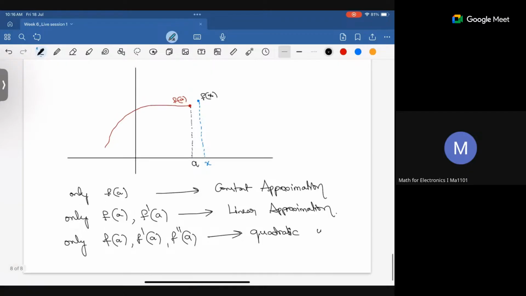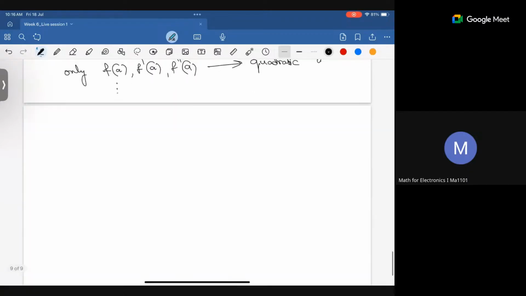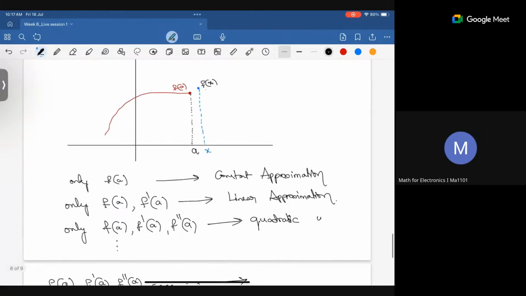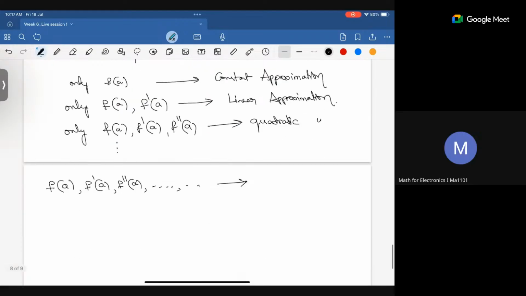And like this, if I know the complete details at the point x equals A, like all the derivatives, then I can completely characterize or find the value of the function f of x at any point x, which is called the Taylor series.